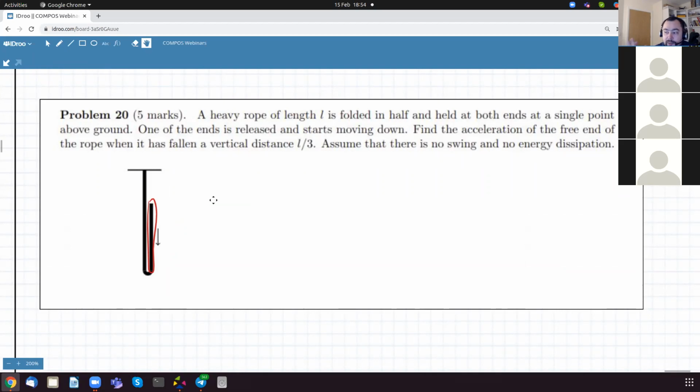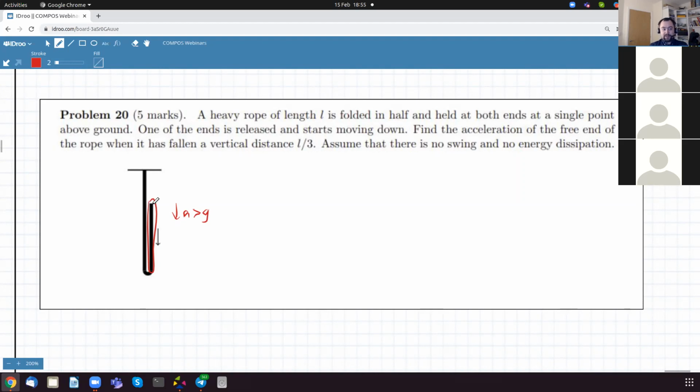But I will show you that it's actually not. It's actually more than g. The acceleration of this end is more than g. And this is true about bungee jumpers. So when bungee jumpers jump off a bridge, they accelerate down faster than g, because some of the gravitational potential energy of the rope goes into their body.